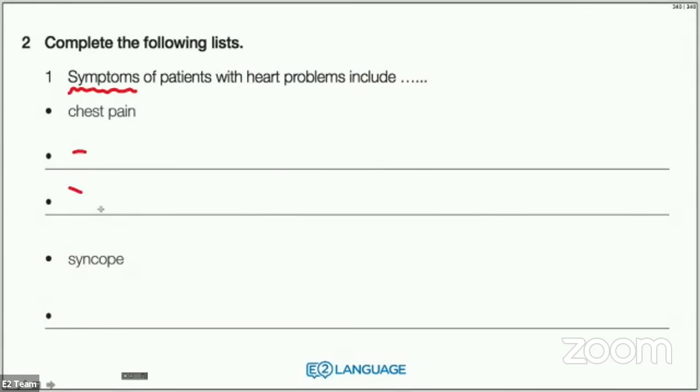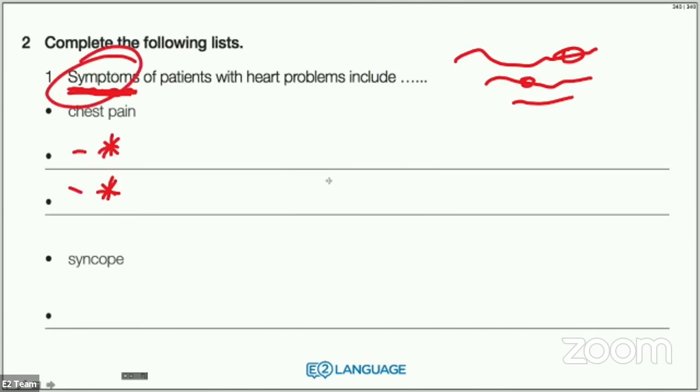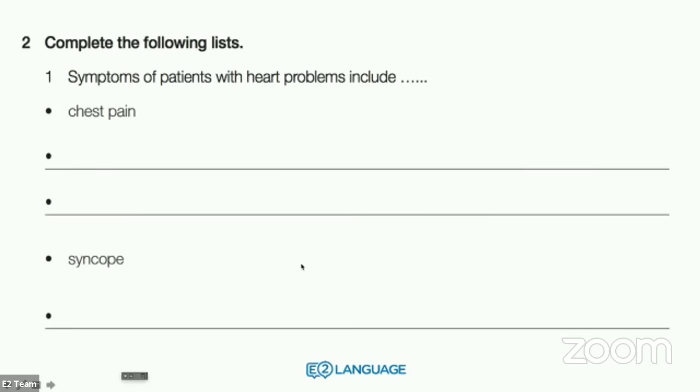One of the things that I did on test day that really helped me, and I suggest you do this on test day as well, is I underlined words to remind myself what I was listening for. I underlined key words like symptoms, for example. And then when the audio was playing, I could pick out the symptoms from the audio and type them in or write them onto the test paper. But underlining that keyword was truly important.